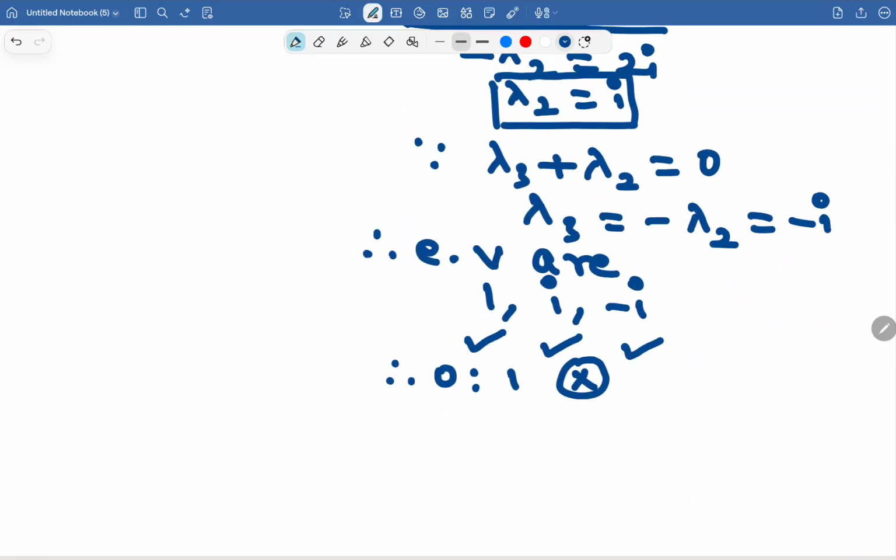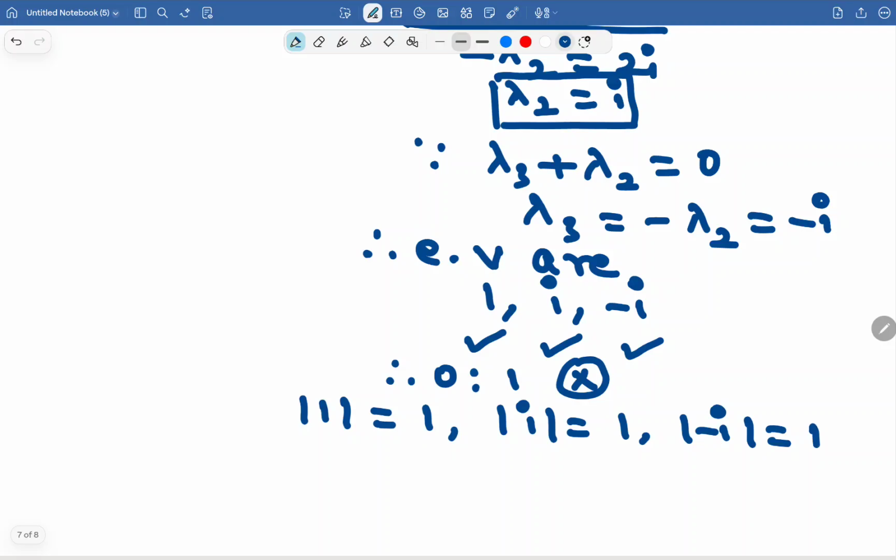Second option: every eigenvalue of A has absolute value 1. Now find the absolute value of every eigenvalue of A: modulus of 1 is 1, modulus of i is 1, modulus of minus i is 1. All the eigenvalues of A have modulus, that is absolute value, equal to 1.